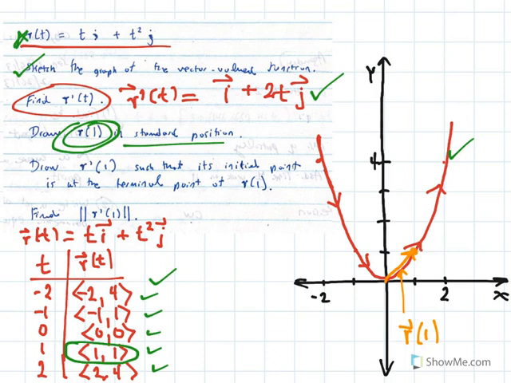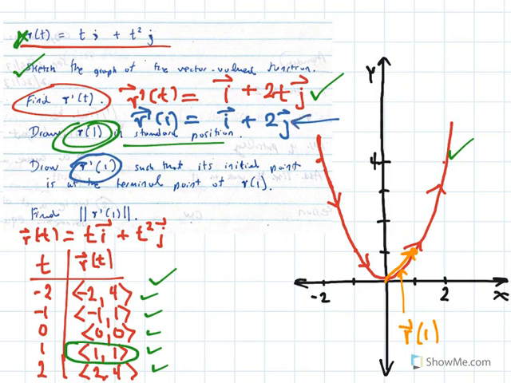Draw r prime of 1 such that the initial point is at the terminal point of r of 1. So what is r prime of 1? I will evaluate my vector-valued function r prime of t at t equals 1. 2 times 1 is 2, so I have 1i plus 2j.